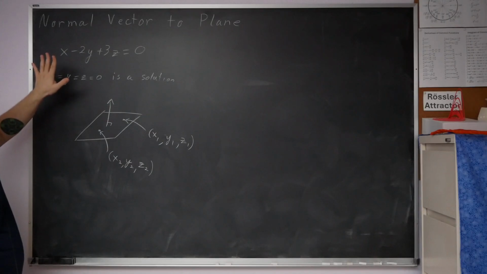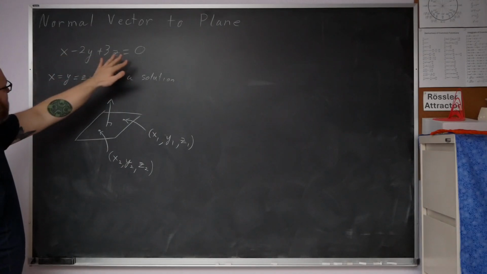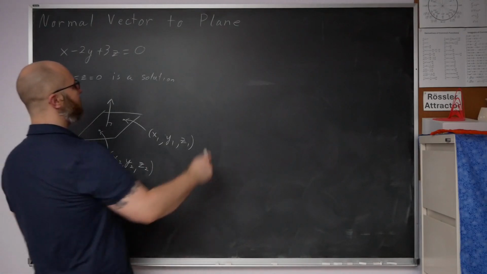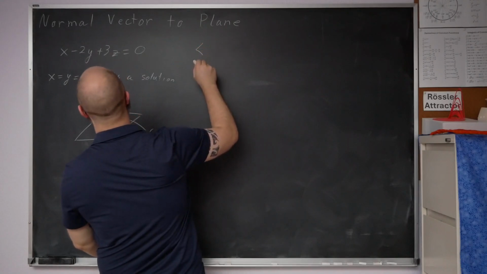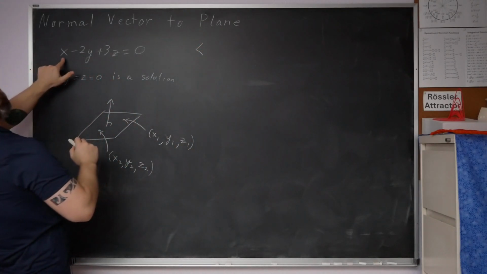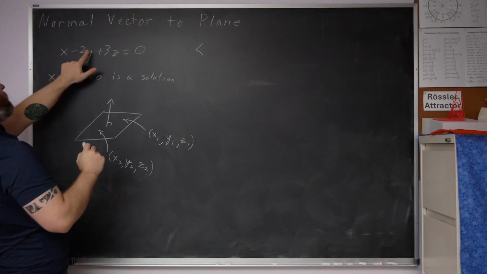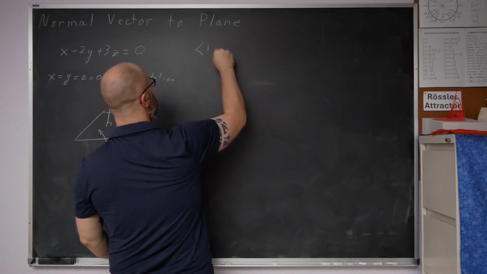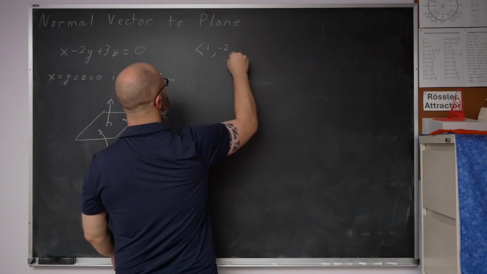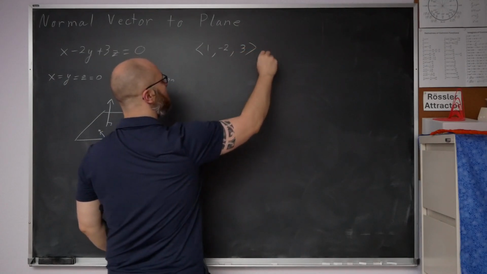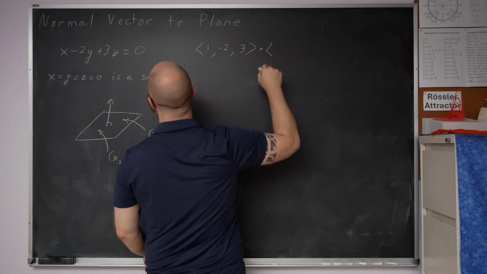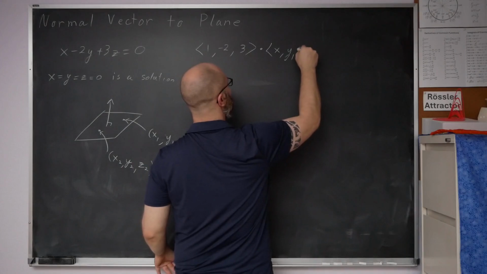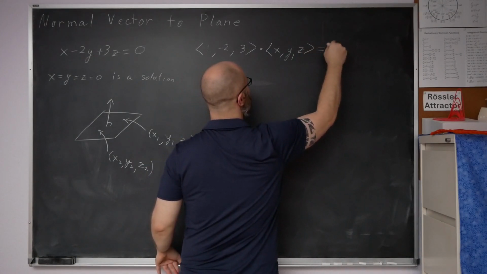Another thing is we could rewrite the equation for this plane as a dot product. The coefficients: I have 1 times x plus negative 2 times y plus 3 times z equals 0. So I have 1, negative 2, 3, and I'm dotting that with x, y, z, which is equal to 0.